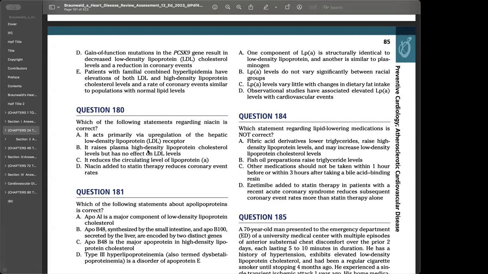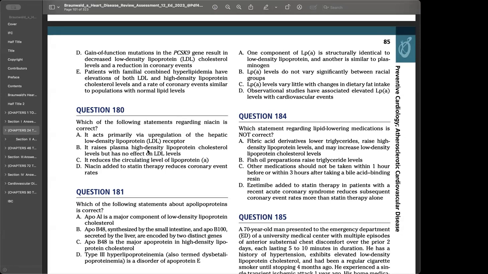C, other medications should not be taken within 1 hour before or within 3 hours after taking bile acid binding resin. D, ezetimibe added to statin therapy in patients with a recent acute coronary syndrome reduces subsequent coronary event rates more than statin alone. So for this question, we are looking for the wrong statement.